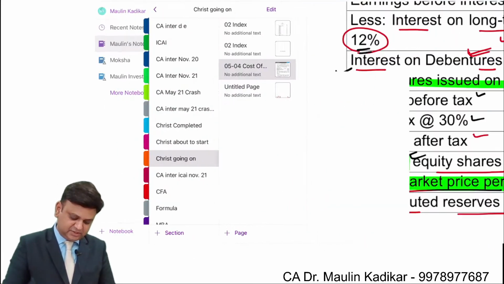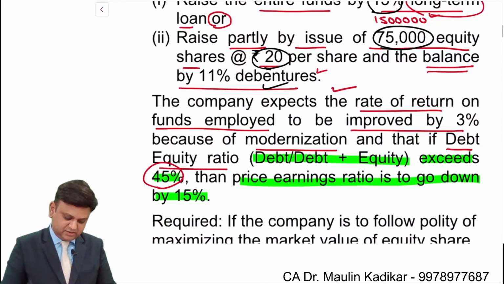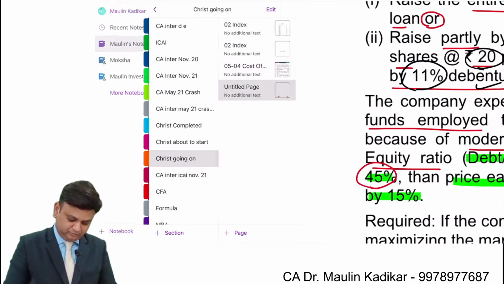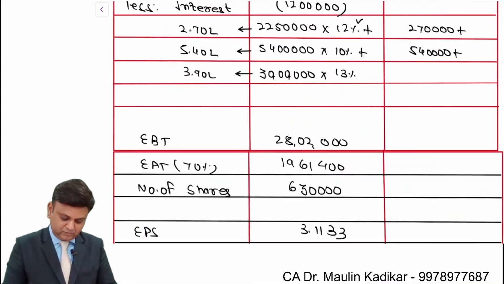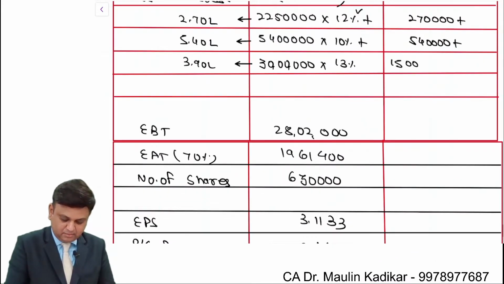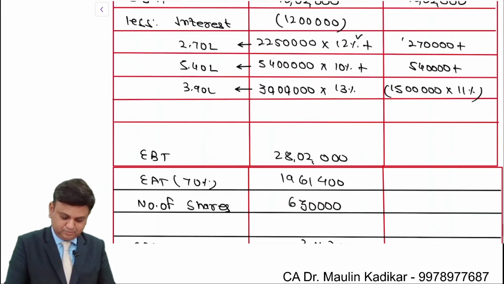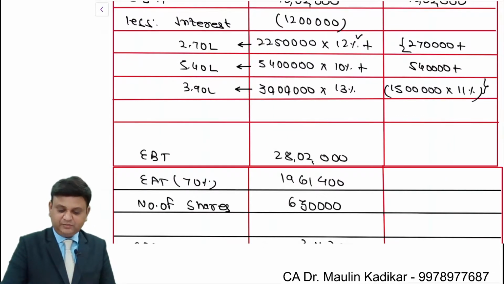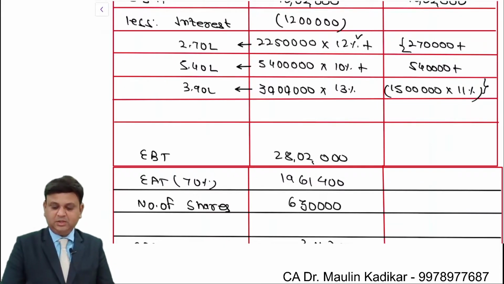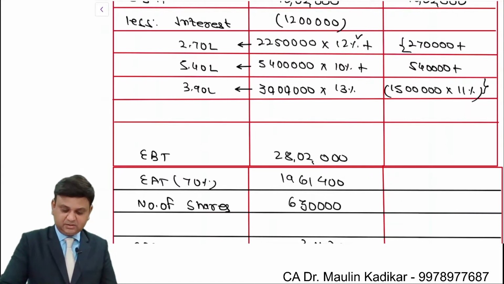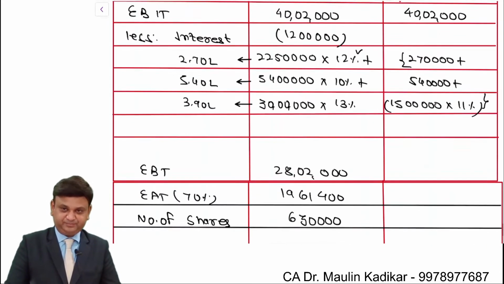The rate of interest is 11%. That is the way we will compute the total interest. So 15 lakhs into 11% is 1,65,000, plus 2,70,000 plus 5,40,000 comes to 9,75,000.